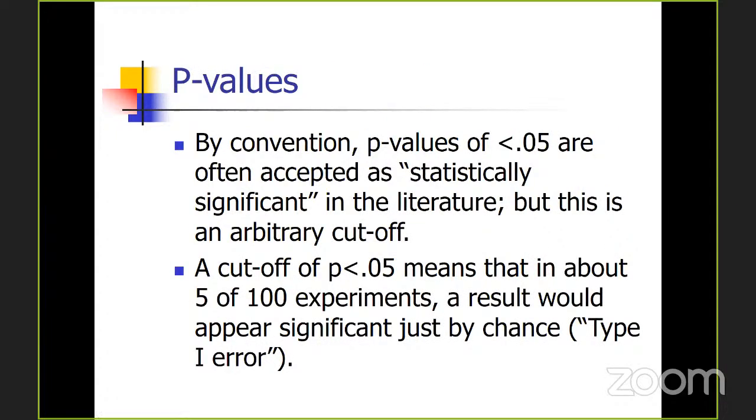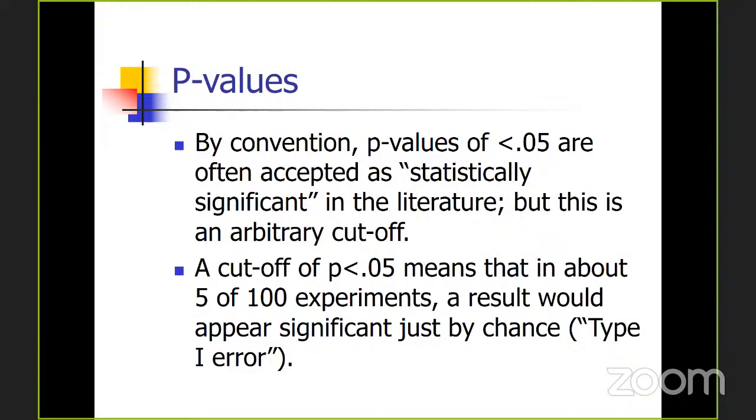So as I was saying earlier, by convention, p-values of less than 0.05, which means that we have a less than 5% chance that the results are inaccurate, are accepted as statistically significant in the scholarly literature. This is actually an arbitrary cutoff.